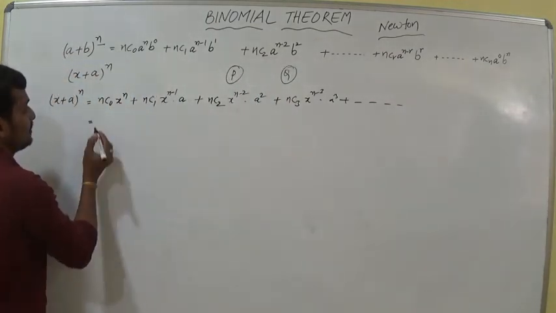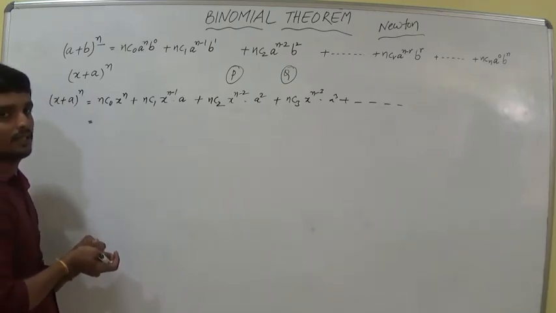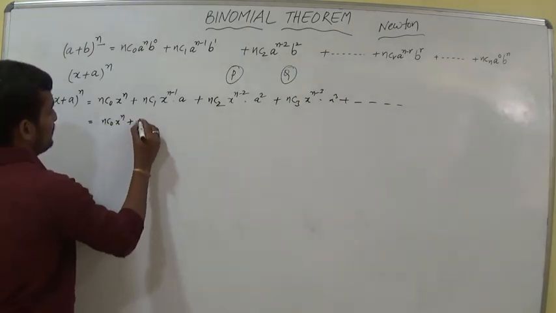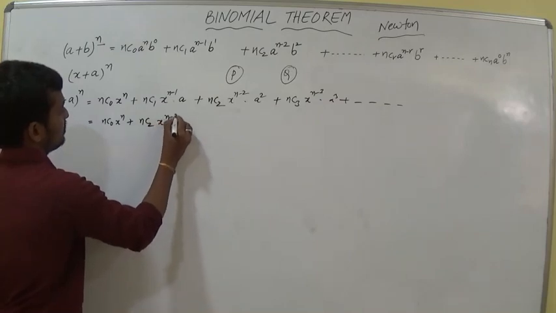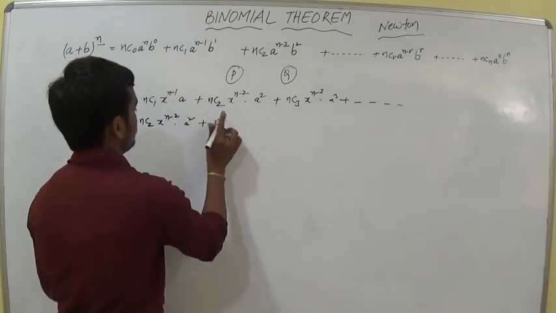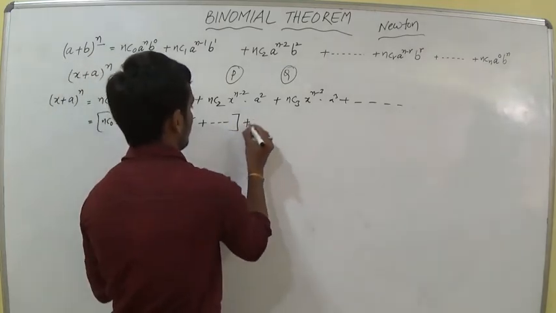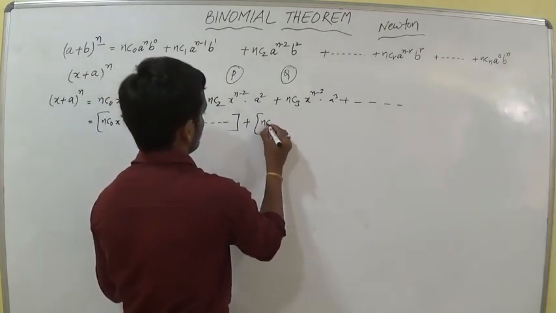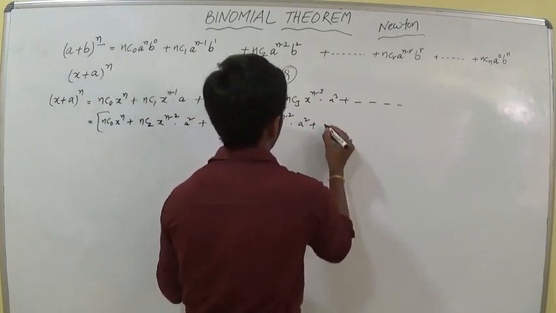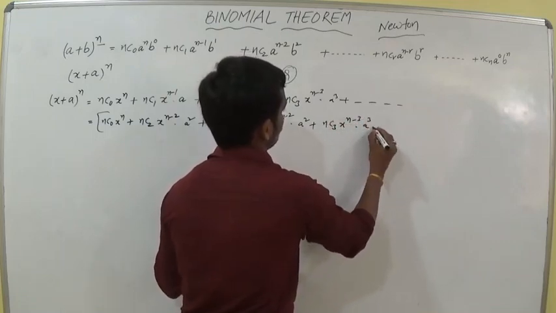Now I am separating odd terms in one bracket and even terms in another. Odd terms: nC0 x to the power of n plus nC2 x to the power of n minus 2 into a square, and so on. Even terms: nC1 x to the power of n minus 1 into a plus nC3 x to the power of n minus 3 into a cube, and so on.